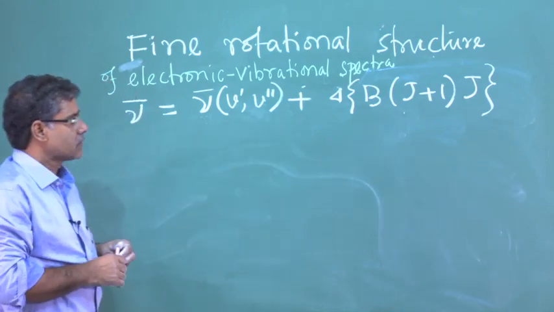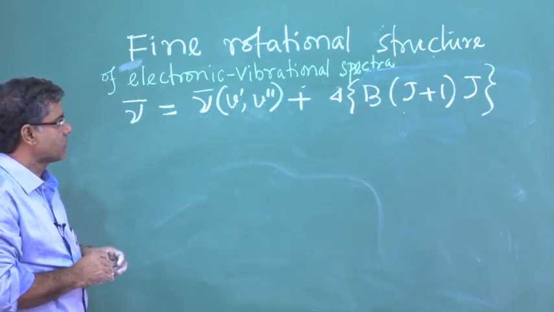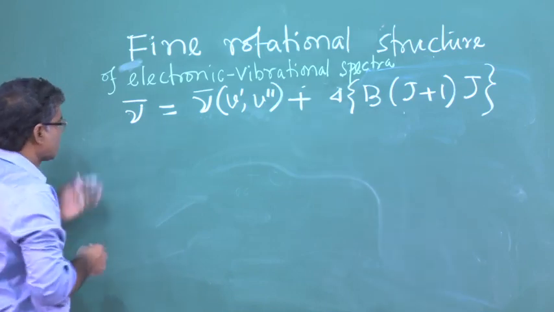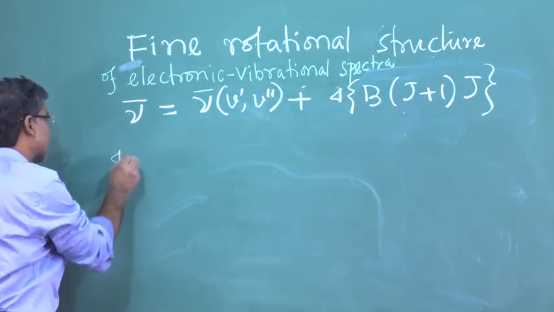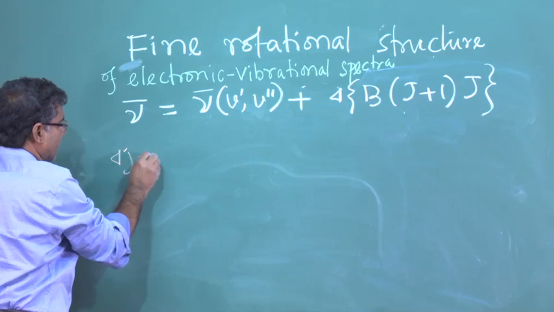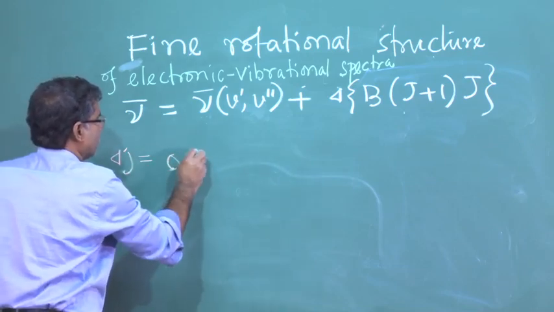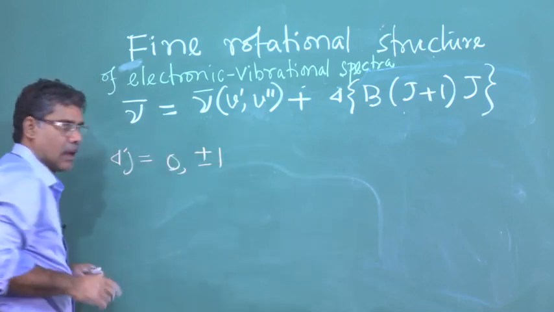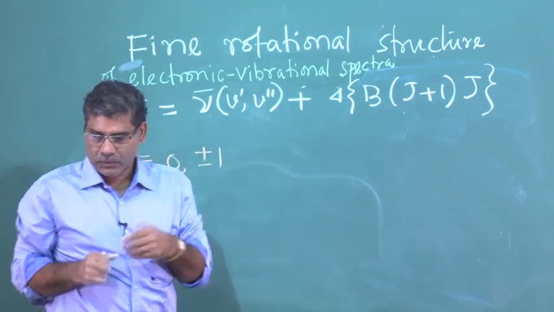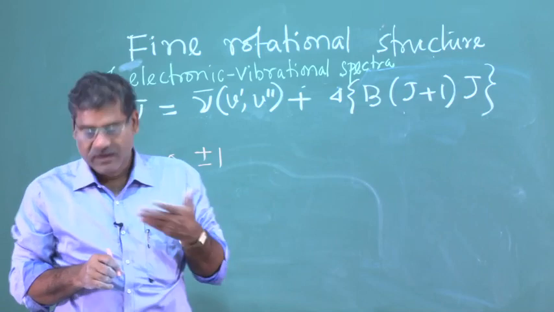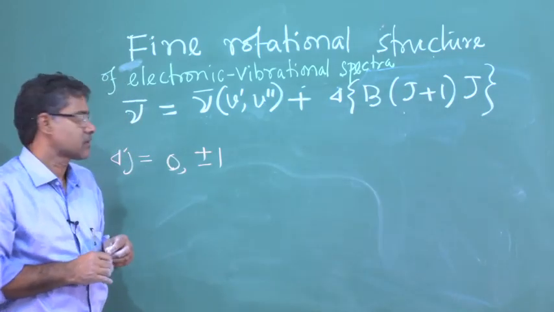There we have seen del J, you remember. So, here the selection rule is del J equal to 0, plus minus 1. So, basically there are two kinds of selection rule.